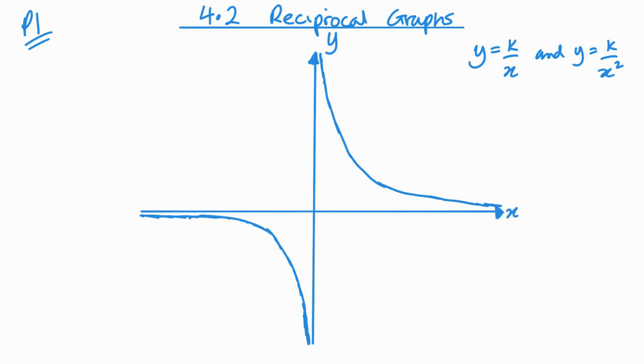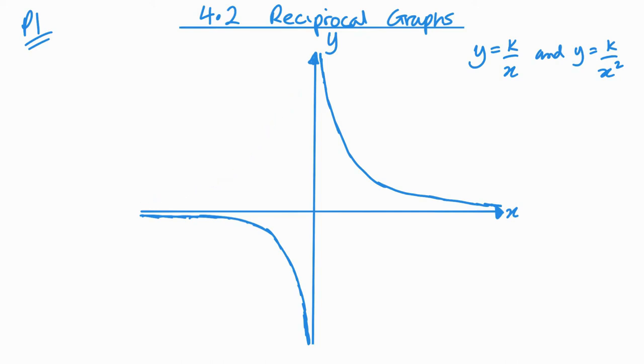Now, in the mark scheme, it often states that if you start to draw a line that just doesn't quite look like it was heading towards the axes, something like this, then you would lose some marks.